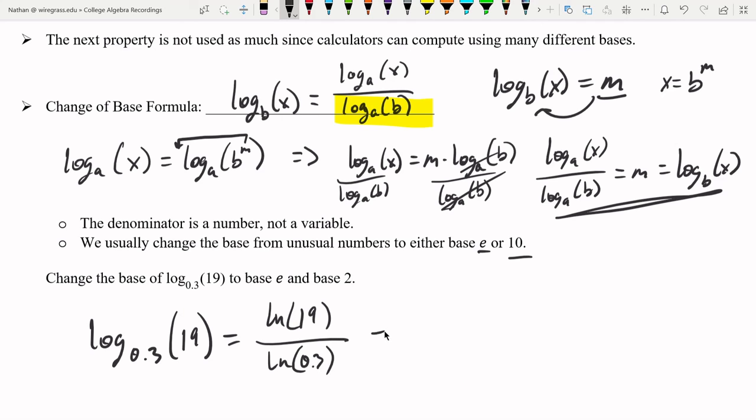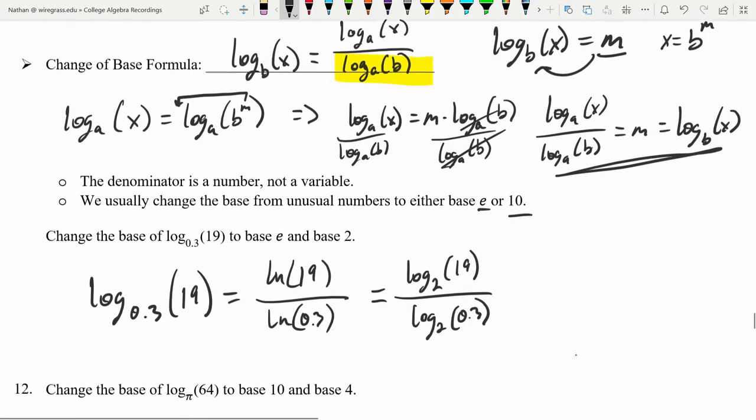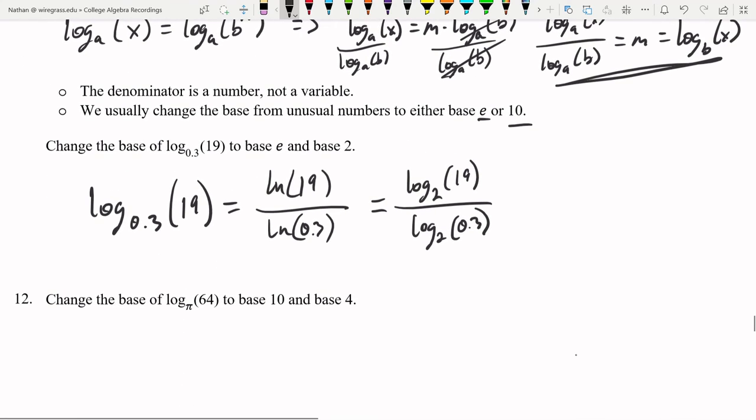This is, of course, also equal to log base 2 of 19 over log base 2 of the prior base. So that's the change of base formula in practice. Give it a try in number 12.